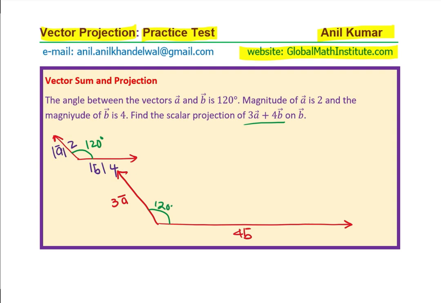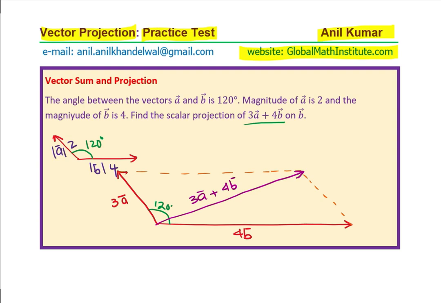Now, for 3A plus 4B, you need to complete this parallelogram to form the sum of these two vectors. And therefore, we can draw the resultant like this. So that becomes (3A plus 4B).